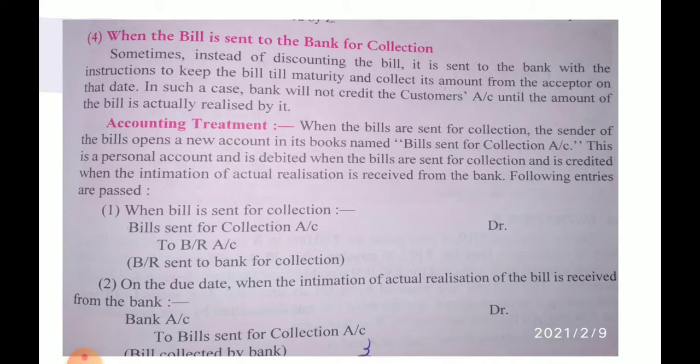So the accounting treatment is, when the bill is sent for collection, Bill Sent for Collection account debit to Bills Receivable. On the date of maturity when you get the money, Bank account debit to Bill Sent for Collection.